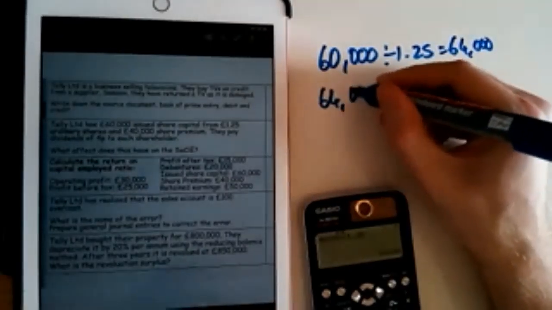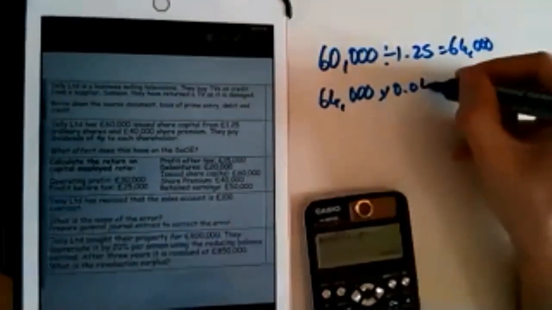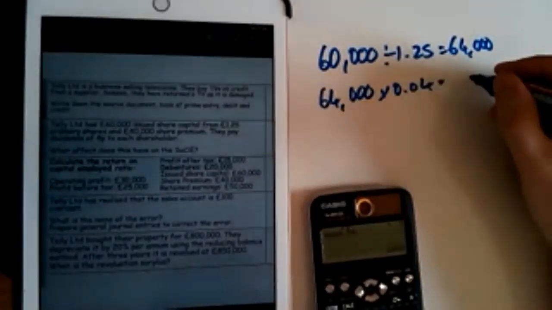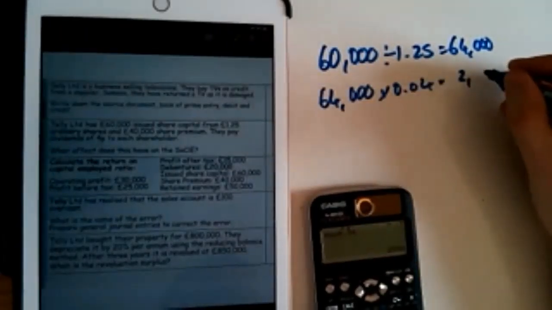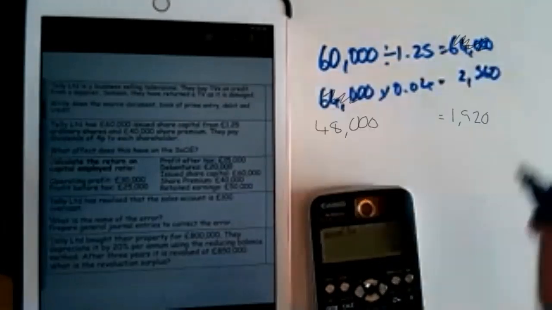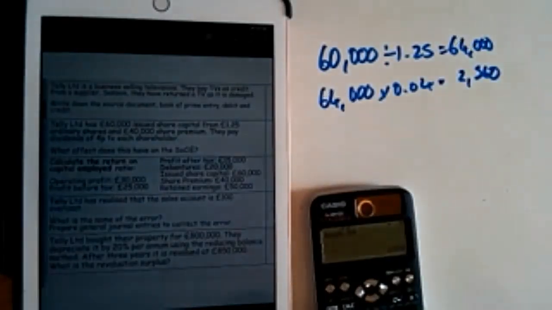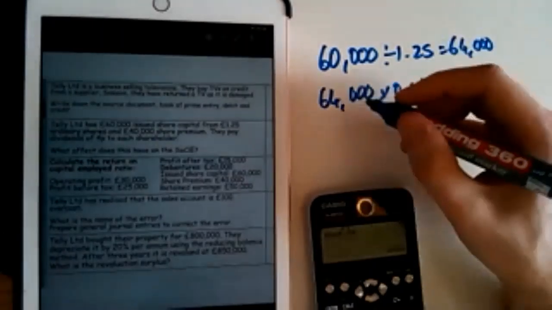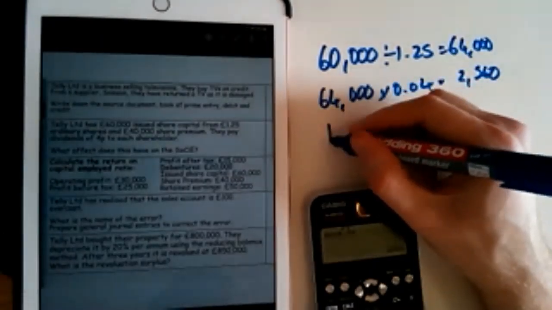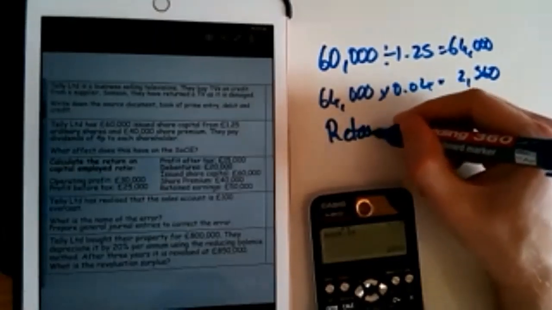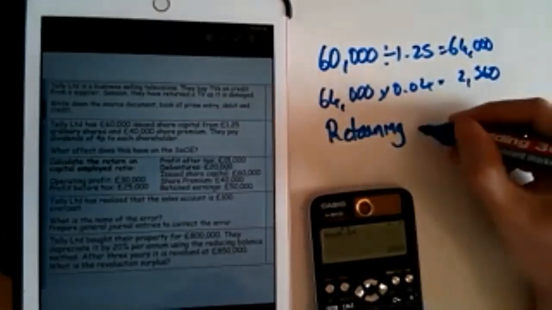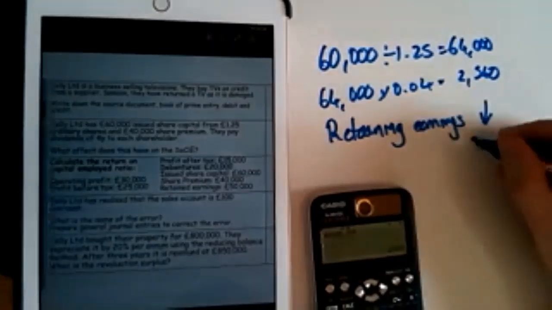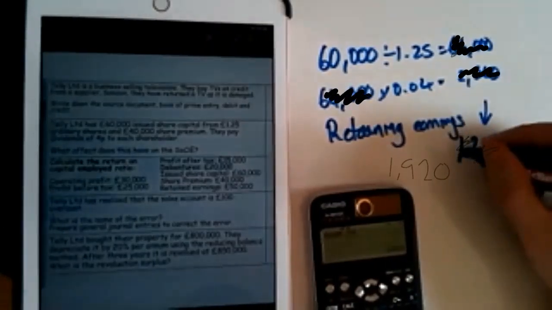So that's how many shares I have, times by 4p. 2,560. So therefore, my retained earnings goes down by £2,560.